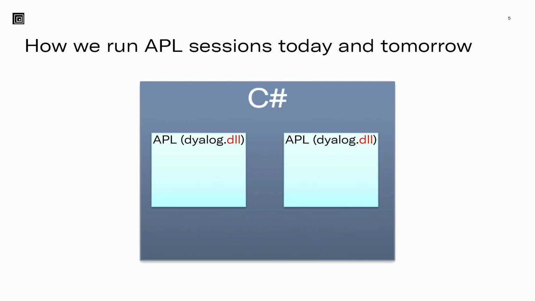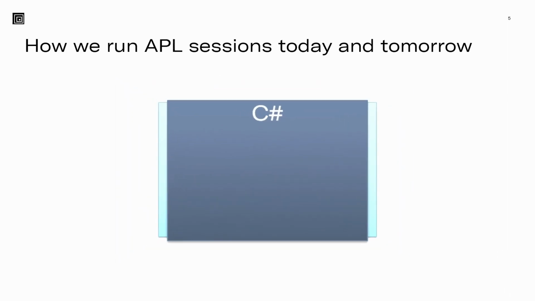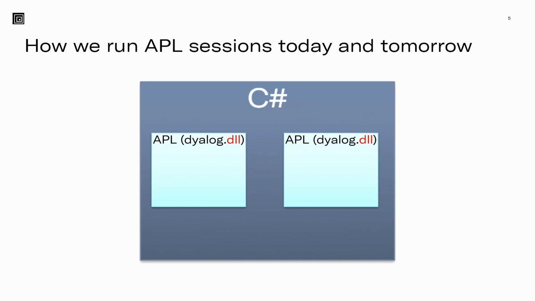And inside that C# process, we'll run our APL, and we can run multiple APL sessions. You can see I marked the exe. So this is a good old Dyalog exe, but doing it this way, we are using a DLL version of the interpreter, but basically it's exactly the same, just compiled as a DLL library.